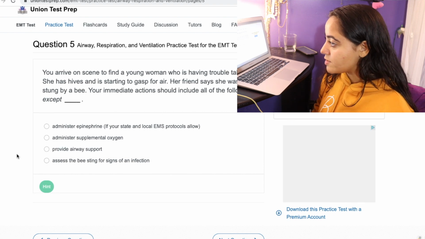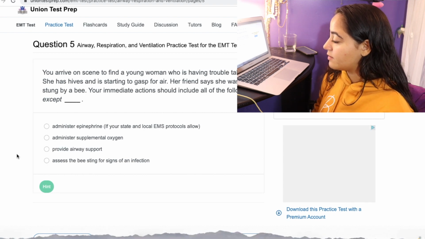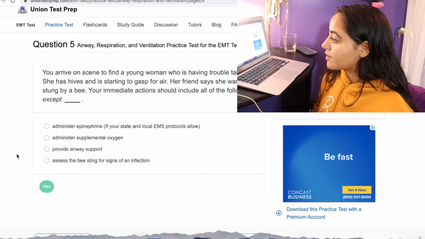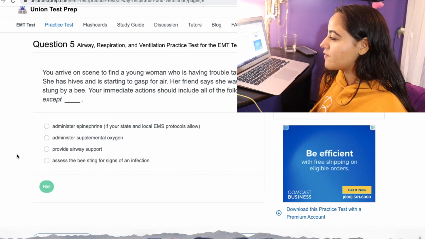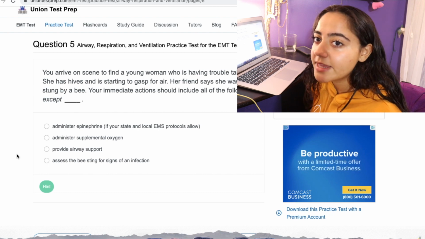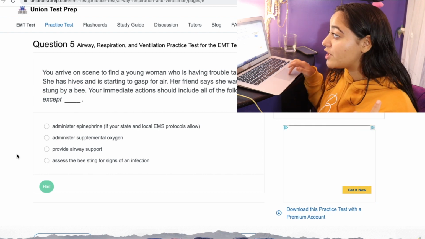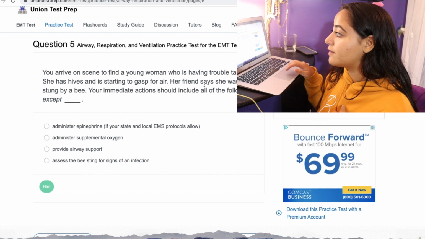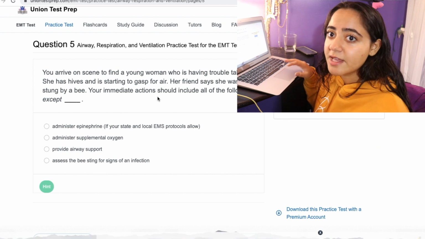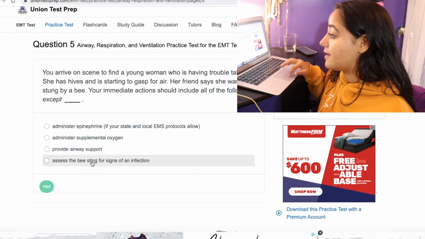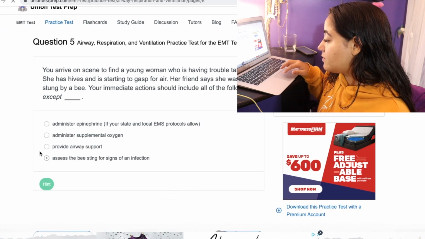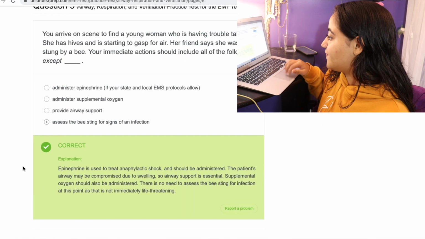You're going to need supplemental oxygen, and airway support goes with the oxygen. I feel like assessing the sting for infection is the answer because it says your immediate action should include all of the following except, and that's not really life or death. So I'm going with that one. That's right.